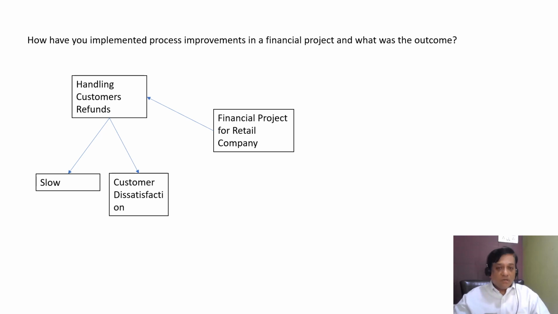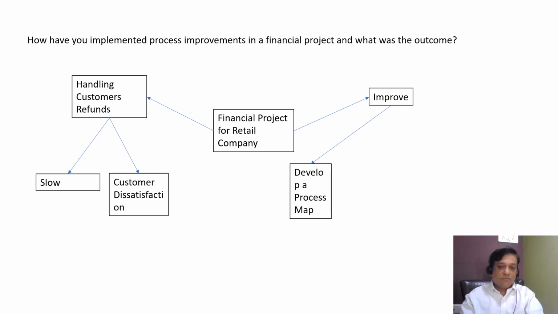So to do the improvements, the very first thing was to develop a process map. Developing the process map was very important, in which the current process of handling the customer refunds was defined, and then identify the bottlenecks and inefficiencies.